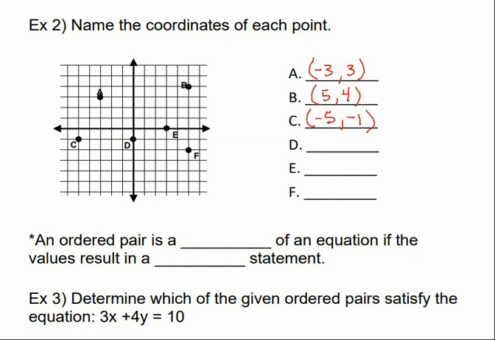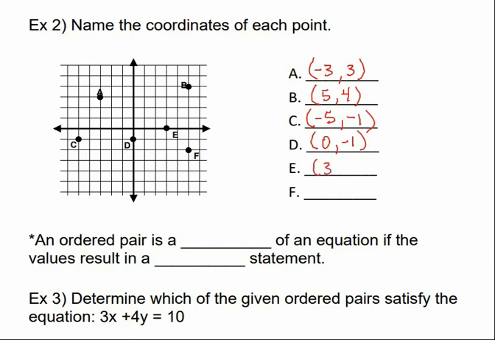For D, if we start at 0, 0, our x is first, left and right is first. Well, we don't go left or right. So that means my x coordinate is 0, and then we go down one space, which is -1. For E, we're going to go to the right 1, 2, 3. That's a +3.